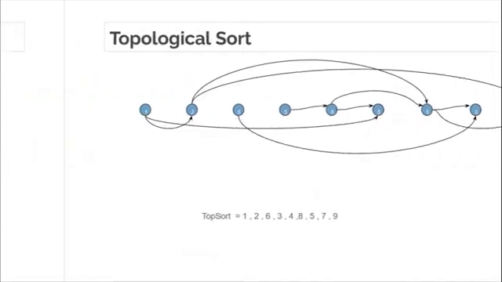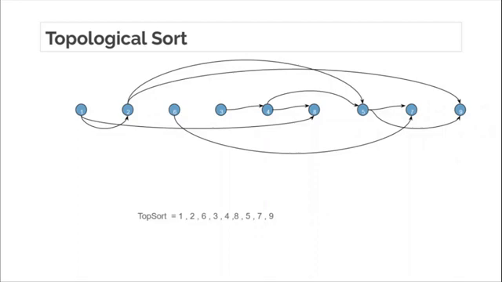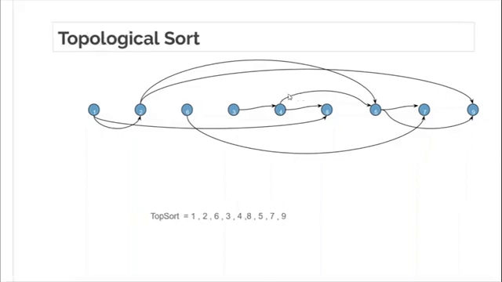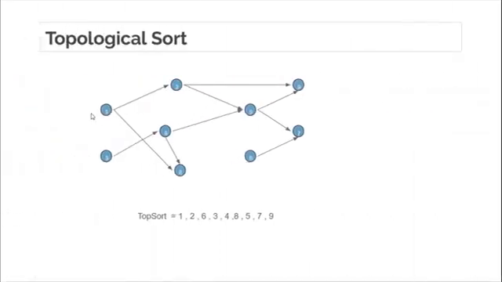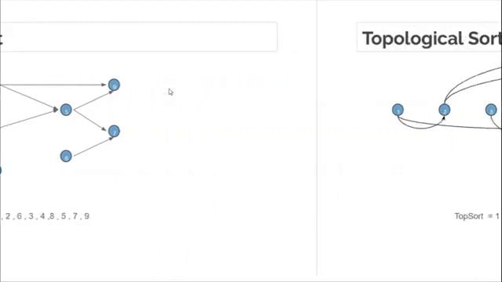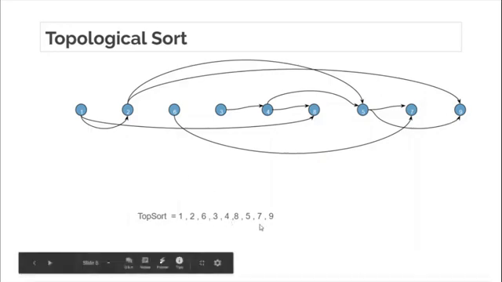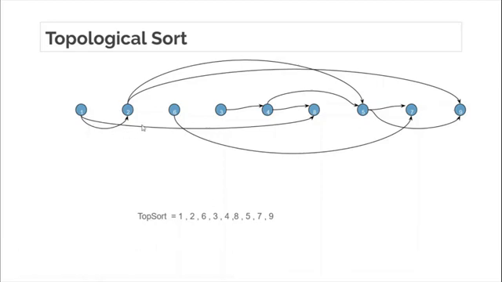Now, one important thing about topological sorting is that if you list down all of the nodes in their topological order, and then you draw all of the edges again, you will find that all of the edges move from left to right, which means that this node is a dependency of this and this.